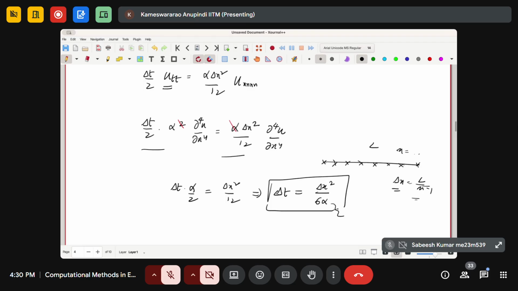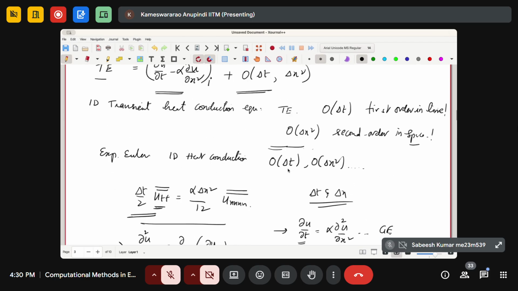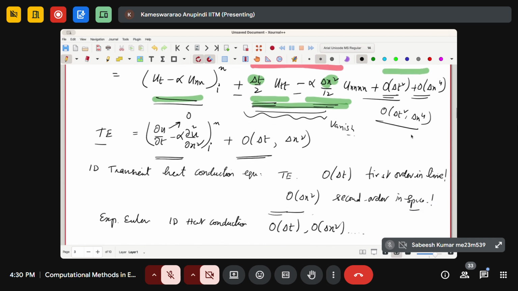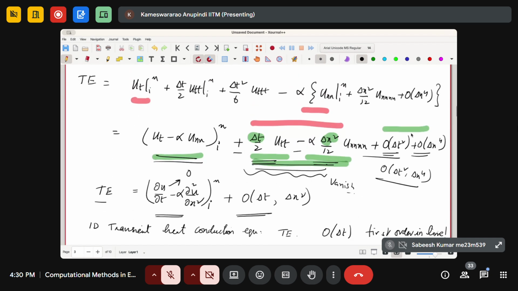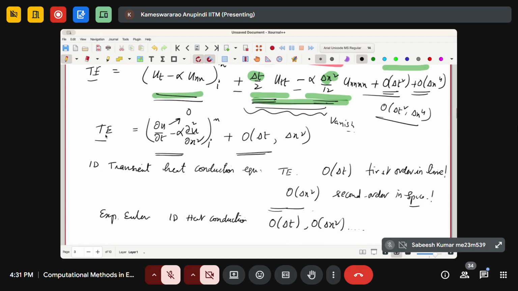If you take your Δt exactly equal to that value, then these two sets of terms vanish, and your scheme behaves as second order in time and fourth order in space. That is interesting information that this truncation error expression tells us: we can selectively choose Δt such that the scheme behaves like a higher order accurate scheme.